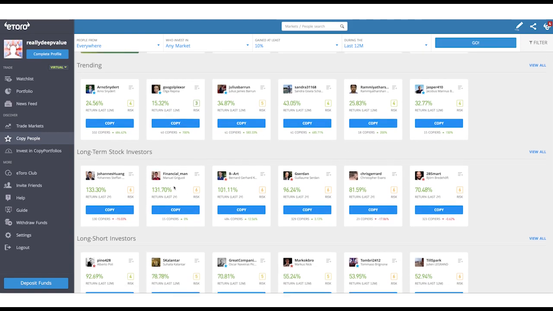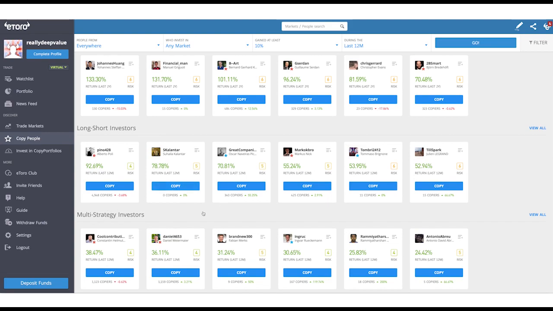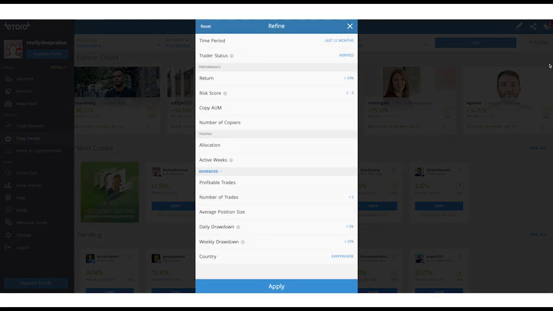Most copied: trending, long-term stock investors, long-short investors, multi-strategy investors, and so forth. And at the very top, you have the filter. If you just click on where it says filter, it brings up all of the criteria you can use to filter by.